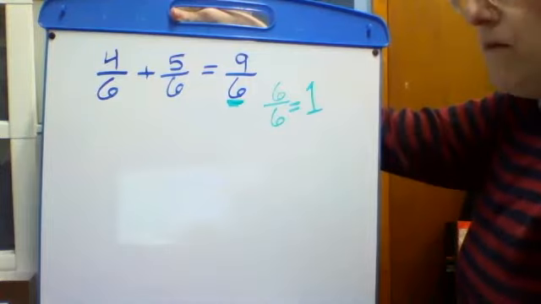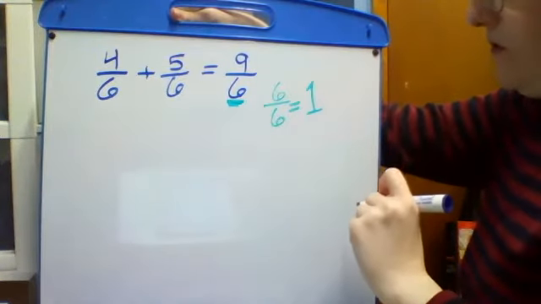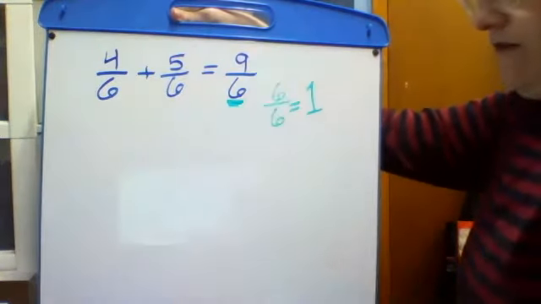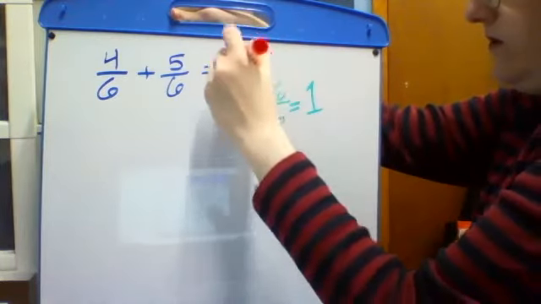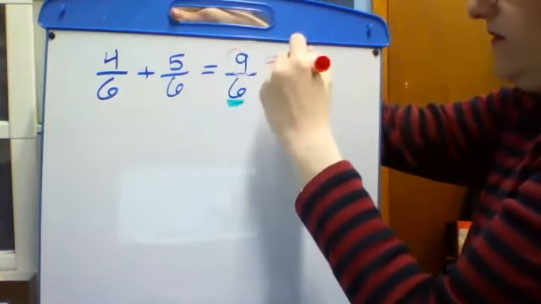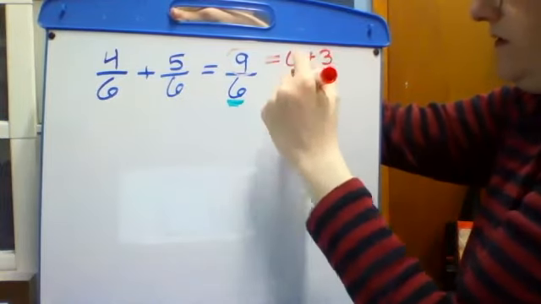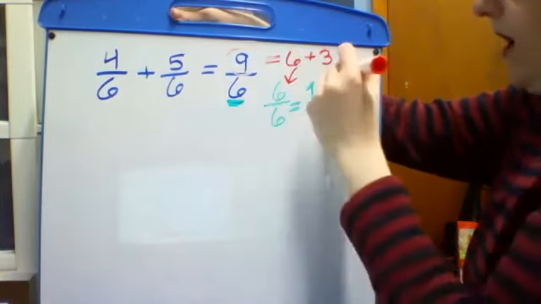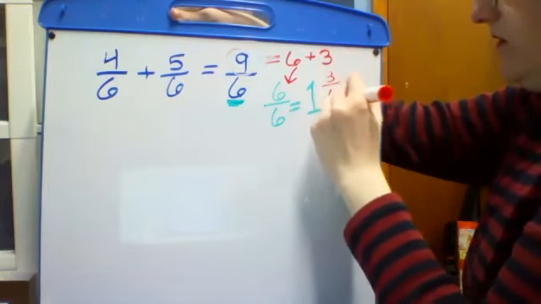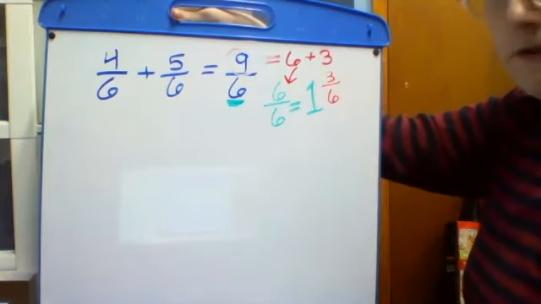So then how many more pieces do I have after the whole? If I have 9 pieces, well, 9 is 6 plus 3. So 6 pieces would make my whole. I'm going to have 3/6 left over.